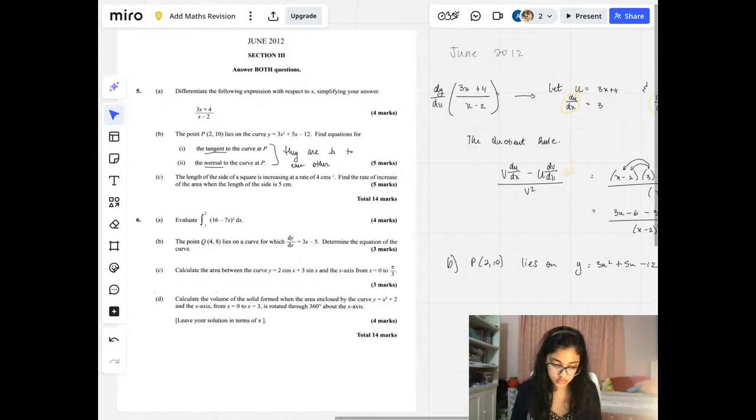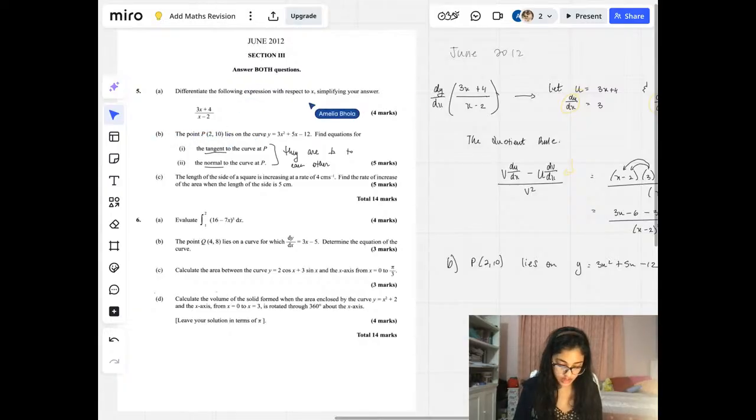So as soon as I hear find the equation of a line, the tangents and the normals, those are straight lines. And if I want to find the equations, I need a point on the line, which I have already, which is (2, 10).